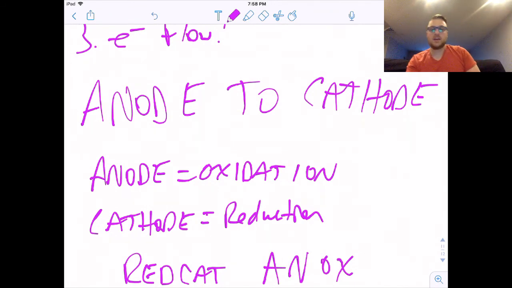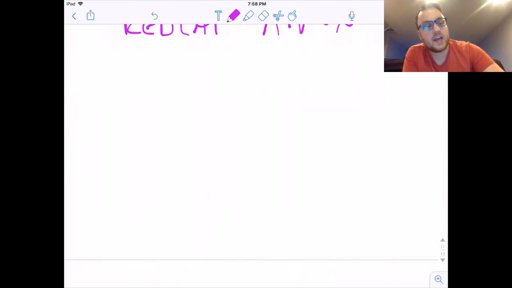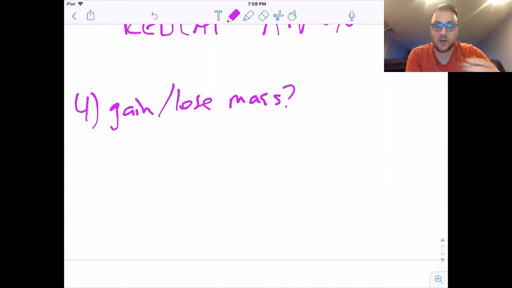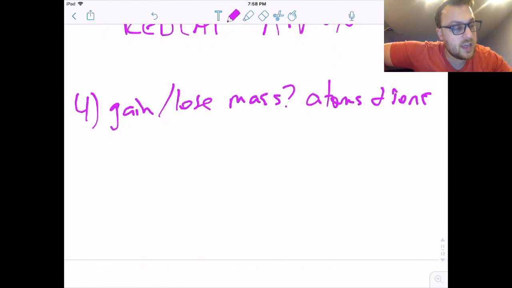They could ask, who's gaining or losing mass? And typically, they want you to describe this in terms of atoms and ions. And that's easier than you think. If you just look at the chemical equation and tell me who went from an atom to an ion, and who went from an ion to an atom, you can answer this question.